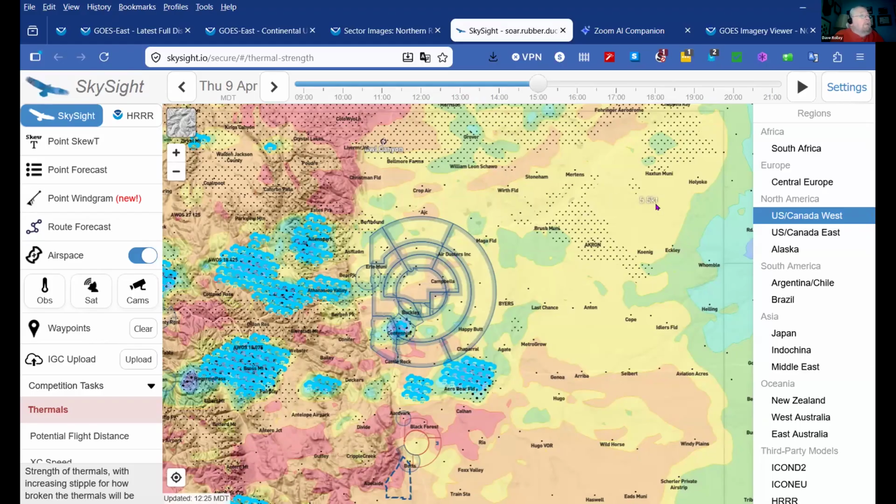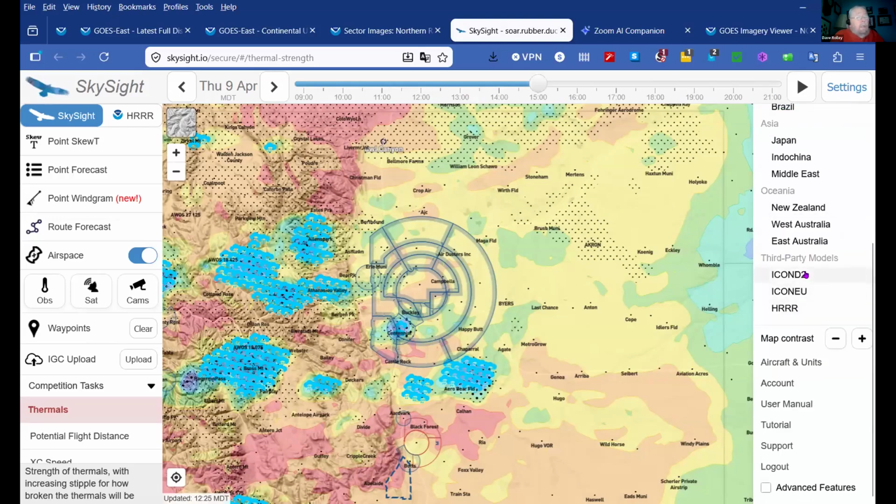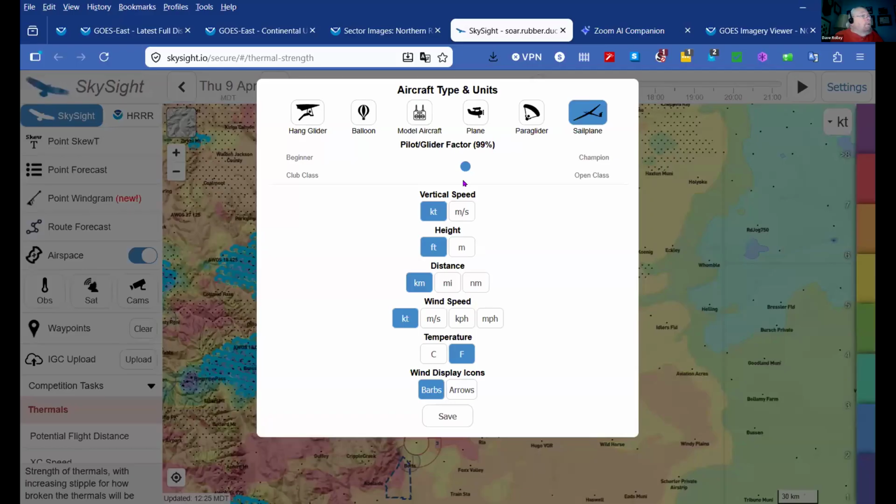If I were in eastern Kansas, it would probably be a little less helpful. The other thing you're going to do is go in with your aircraft and select the type of aircraft you're working with. You can customize the units that you want to use for the default.